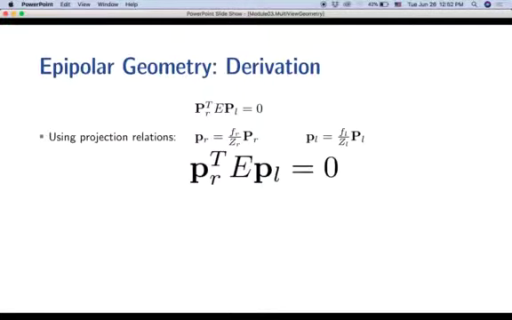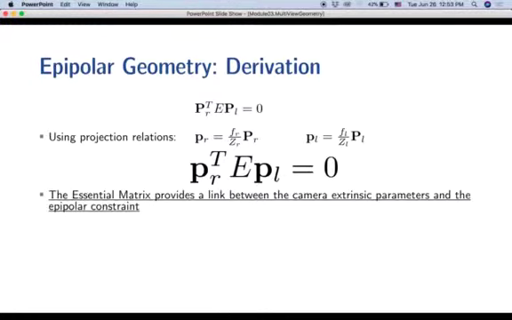So if I multiply by that, I can write the same equation in image coordinates, in the coordinates of image points. So the left image point and the right image point are related by this rank deficient matrix E. So this is the epipolar constraint. The essential matrix E provides a link between the camera extrinsic parameters and the epipolar constraint.